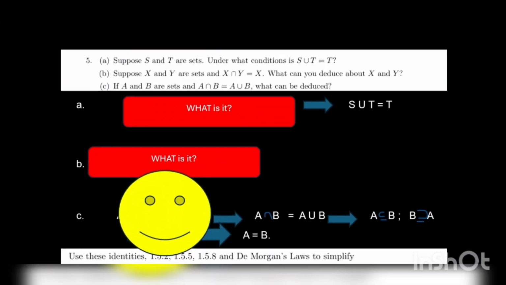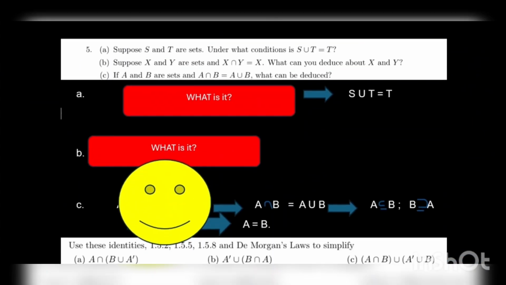And so we're asked to answer the following. Suppose S and T are sets. Under what conditions is the union of S and T equal to T? If the union of S and T is equal to T, it can only mean one thing.